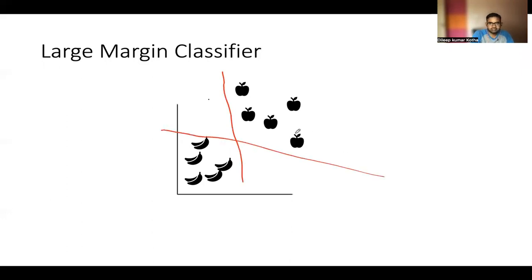So these are legit classifiers. They are able to classify well. But if you measure the distance between this decision boundary and the banana, and this decision boundary and the apple, it's different. So one side it is larger, one side it is smaller. Similarly, this apple is near to it, while this banana is very far from it.